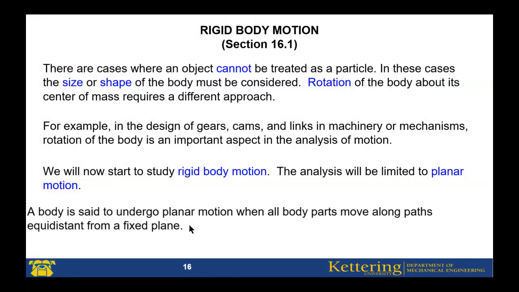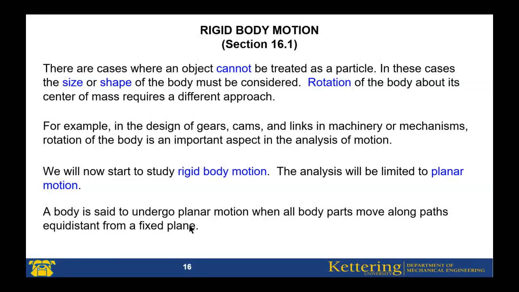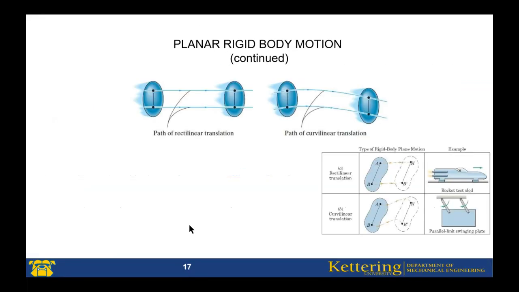Then, the first type of motion for a rigid body is called translation. Translation means that a rigid body consists of several particles, not one.